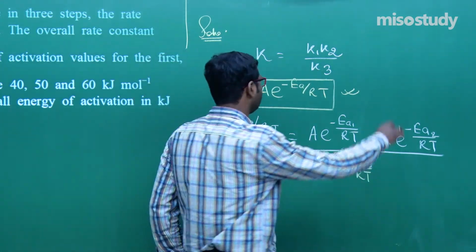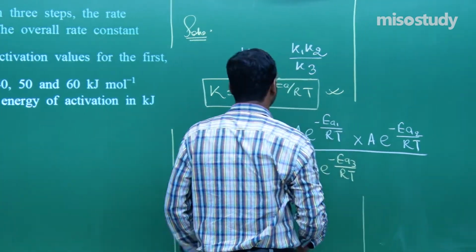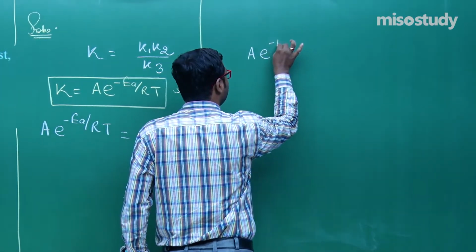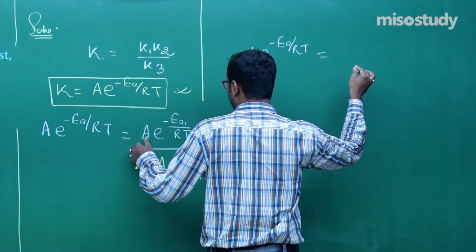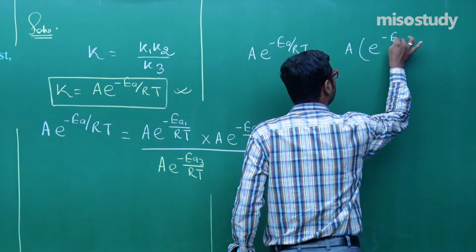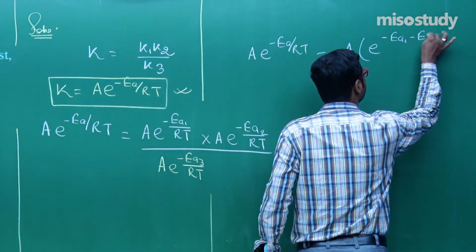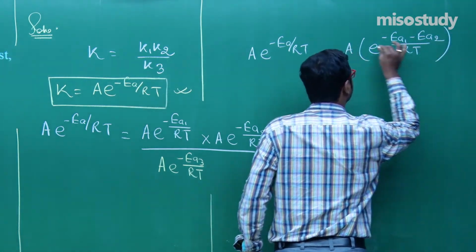Exactly? Yes sir. Now come here, what I am telling. A e to the power minus Ea upon RT is equal to A e to the power (minus Ea1 then minus Ea2) upon RT. Can I write like this?